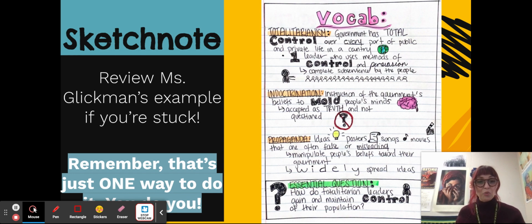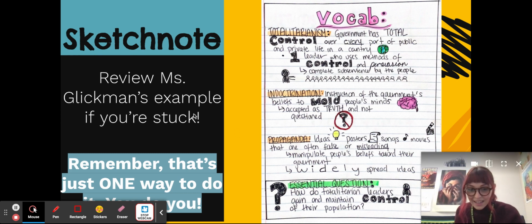Every time you're writing down a word in a definition or you're taking notes, try to think of how you would put this into an emoji and then try to draw that out if you can. So one of the ones I really liked that I did for totalitarianism was I drew this leader on the left with his arms sort of out commanding things of his people, and then you see this big row of people that he's talking to. And then at the bottom, I put my essential question with a giant question mark. Again, I think that's a pretty explanatory icon that I could use.